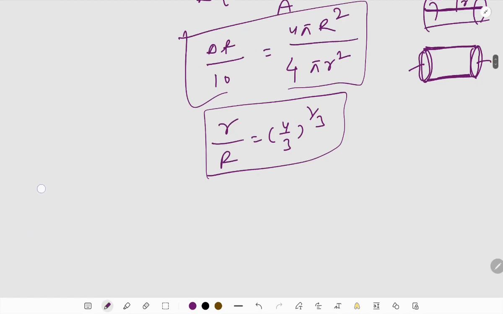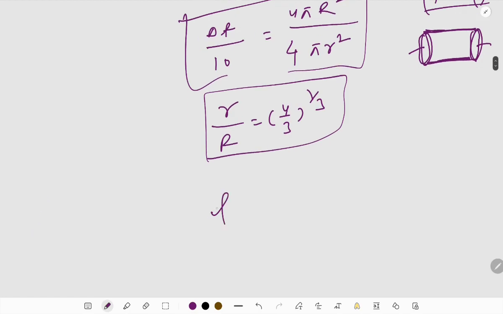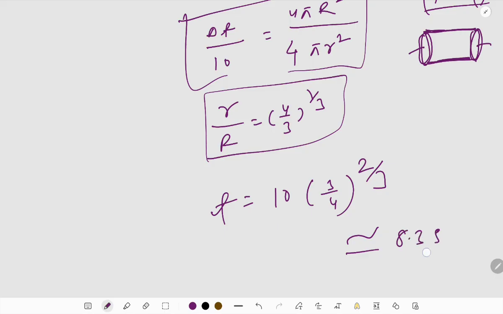You can solve it and you will get t equal to 10 multiplied by (3 by 4) raised to 2 by 3, and I don't know how much answer you will get. It is perhaps approximately 8.3 seconds.